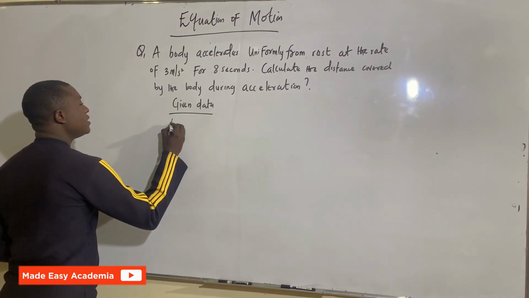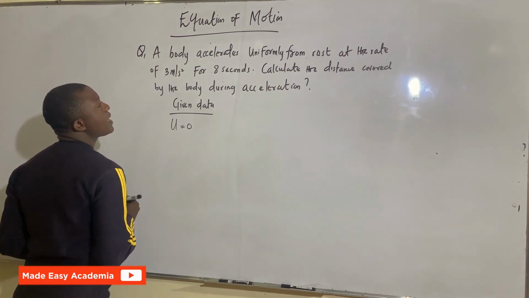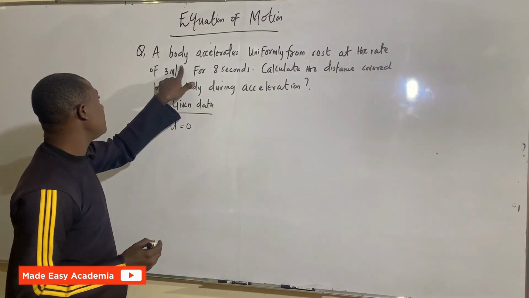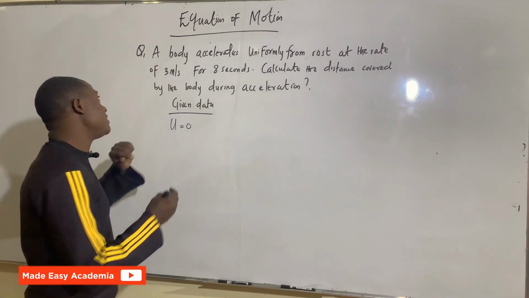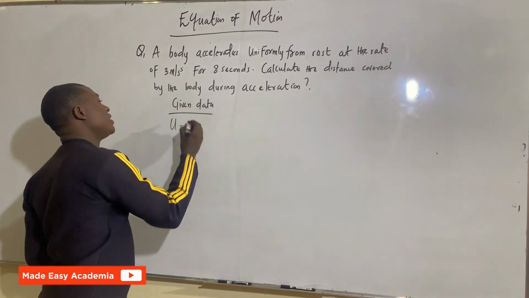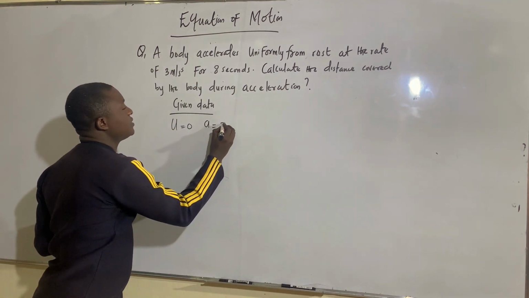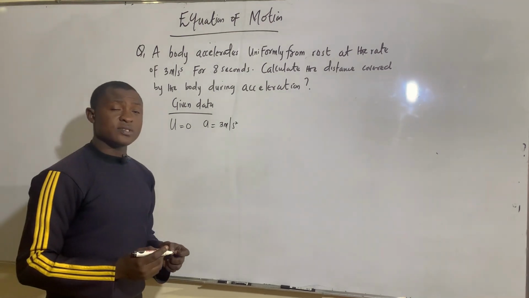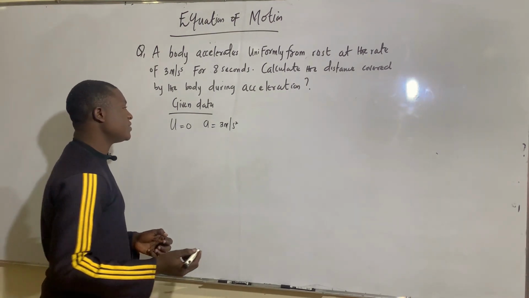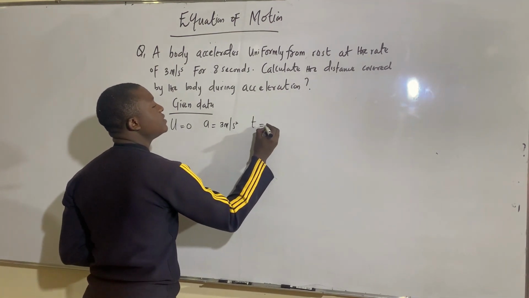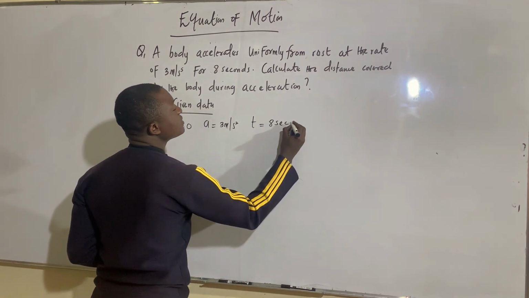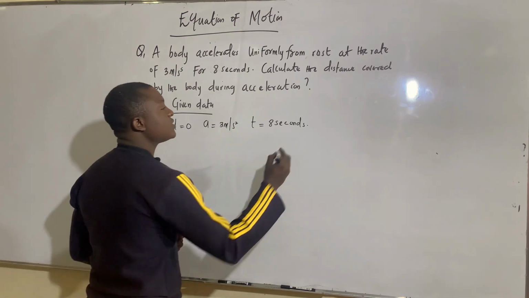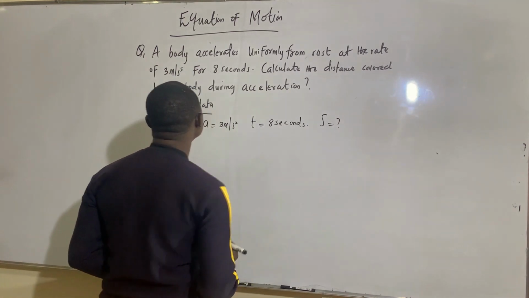Then at the rate of 3 meters per second squared, that means our a is equal to 3 meters per second squared, for 8 seconds. Seconds is for time, so our time is 8 seconds. Then they said calculate the distance, so you have to find x, which is distance.